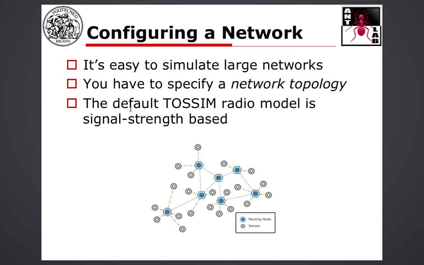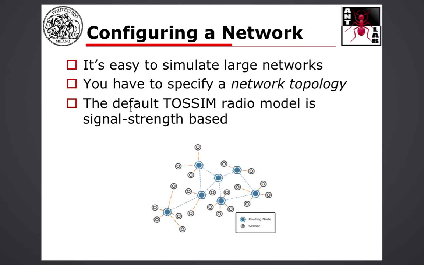So deciding how many nodes your network has, what type of nodes they are, and how the radio environment is structured, meaning what the network topology is in terms of links between nodes, so which nodes can communicate with which other nodes, basically.